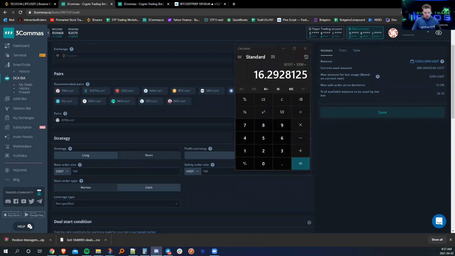So this is trade balance after all SOs have been hit, divided by max capital usage per pair, equals max pairs traded. So that's going to allow me to trade up to 16.29 pairs for my total trade risk to not exceed that 3x sweet spot.